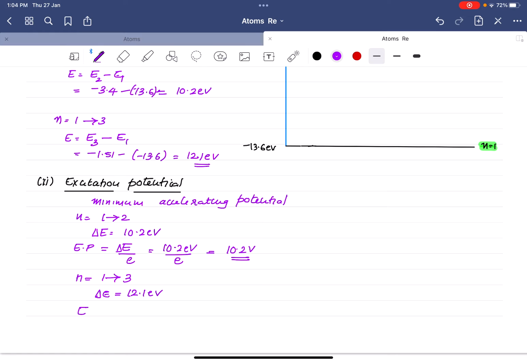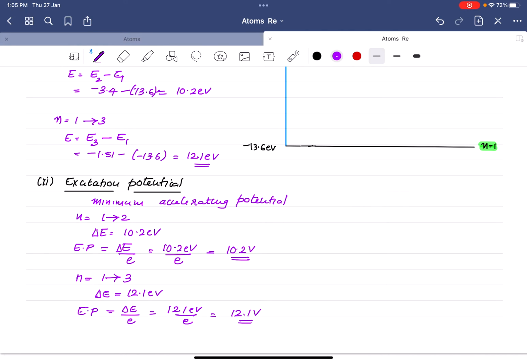So if you want to calculate the excitation potential associated with this transition, then it will be delta E divided by e. That will be 12.1 electron volt divided by e. So that will be 12.1 volt.